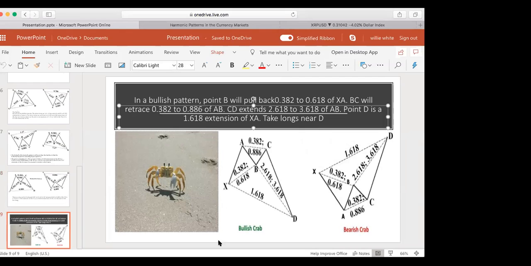All right, so this is a crab. I also like these because when you drop a crab pattern, you'll see that B, C, and D is long. And if you love geometry, these are right angles.